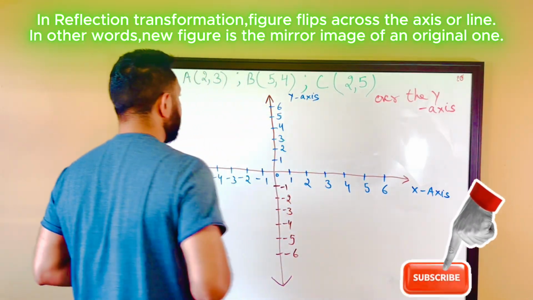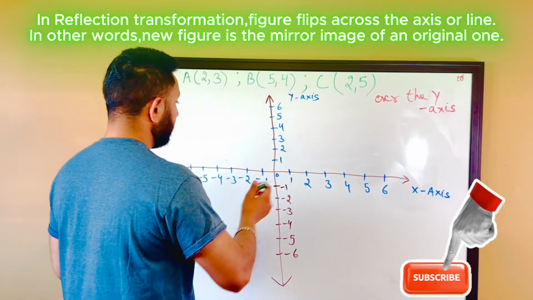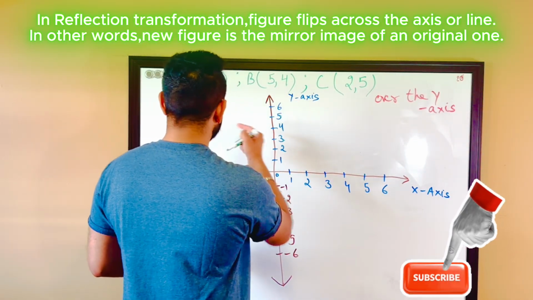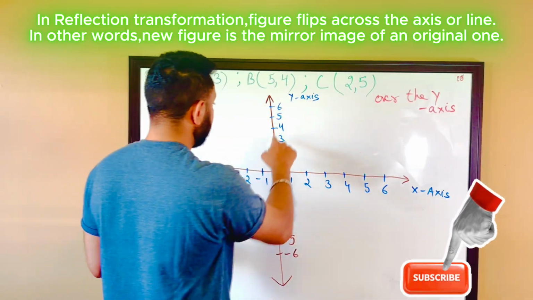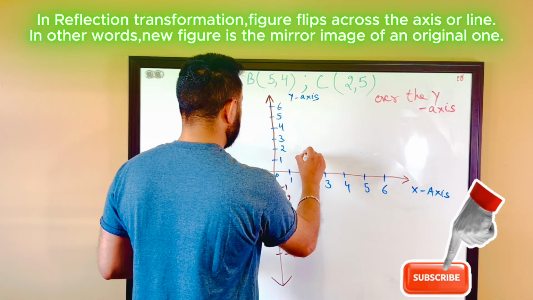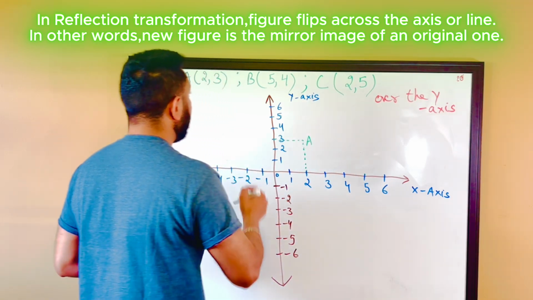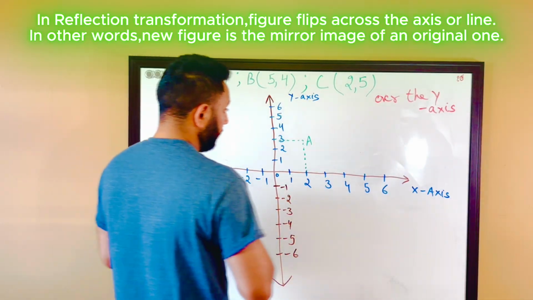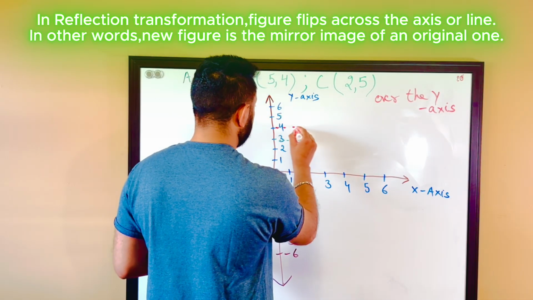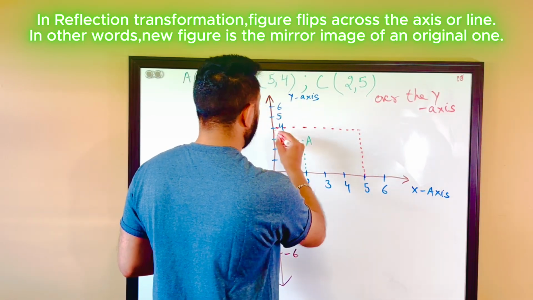So our first example of reflection is we are given these coordinates and we have to flip them over the y-axis. First of all, mark these coordinates here. So 2, 3. 2 is the x coordinate and 3 is the y coordinate. So this is A, and 5, 4.